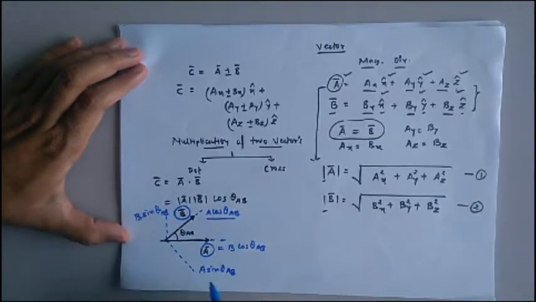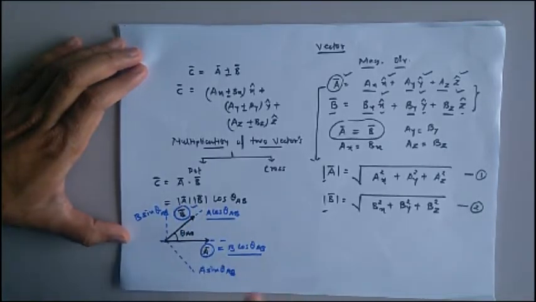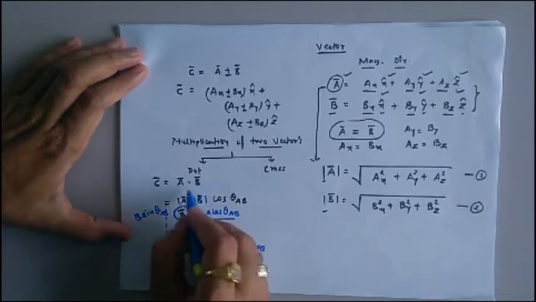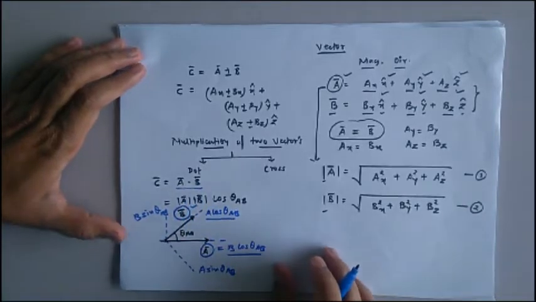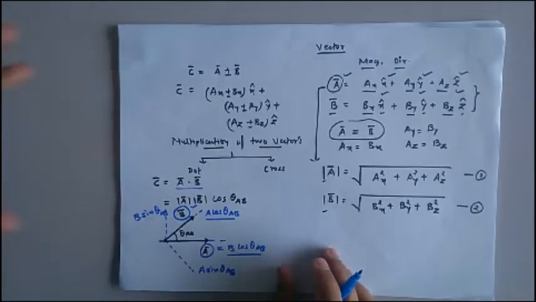So from this diagram it is very clear that b cos theta ab indicate the component of b which is in the direction of a. So in this way we are in a position to have the multiplication of two vectors via dot product technique.